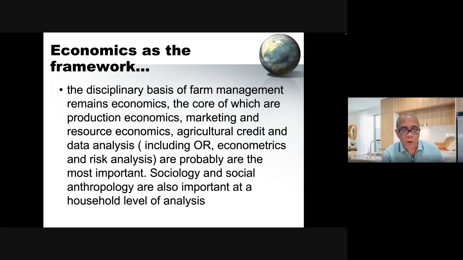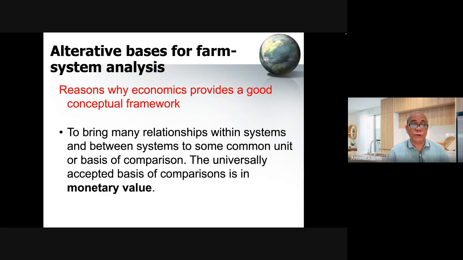Sociology and social anthropology are also important at the household level of analysis. So in farm management, we use economics as a framework. It is the application of economic analysis for making choices in the farm operation. Now, there are alternative bases of farm systems analysis, because when we talk about farm management, we have various farm systems.